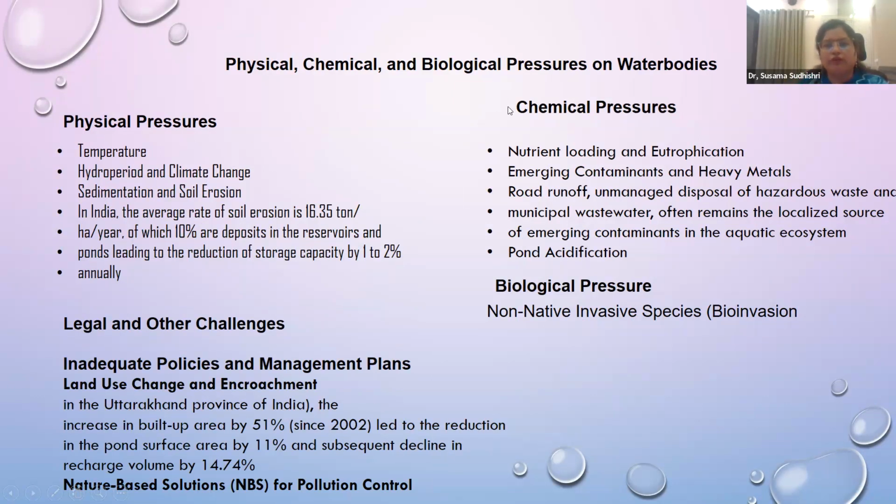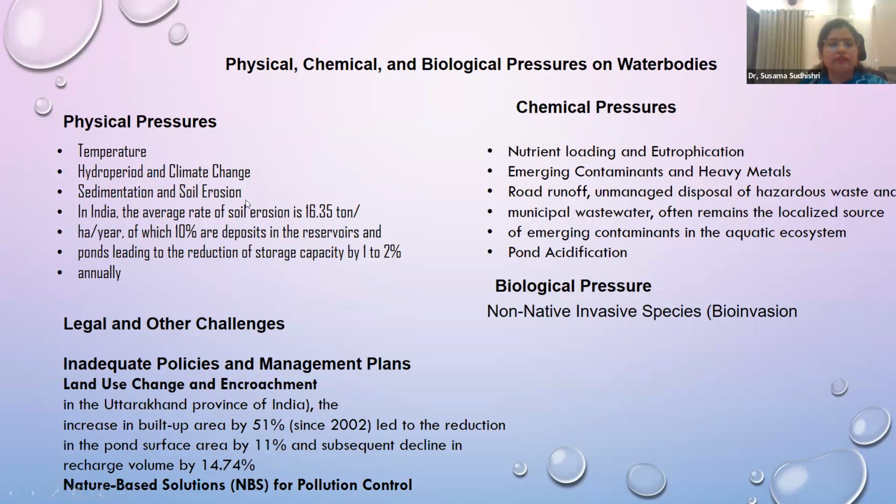But the most important in water bodies or dams are physical, chemical, and biological pressures. So what are these? Physical pressure means temperature, hydroperiod, and climate change. Hydroperiod means, suppose somewhere there is some flood or some drought. So due to temperature differences, there may be problems in dams or any reservoir or water bodies.